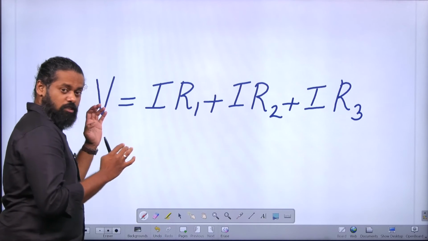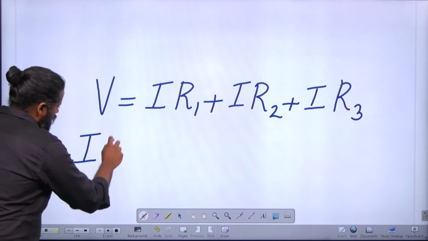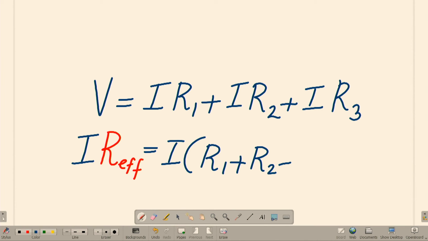We can write V as current multiplied by the effective resistance R_eff. So the effective resistance times current will be equal to current multiplied by, I can take I common, I times (R1 plus R2 plus R3).